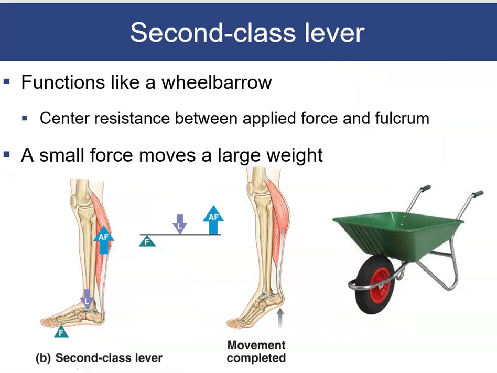A second-class lever functions like a wheelbarrow. Here, the resistance is in the center with the applied force on one side and the fulcrum on the other. In this type of arrangement, a small force is able to move a very large weight. When you think about a wheelbarrow, here's your fulcrum, the wheel.